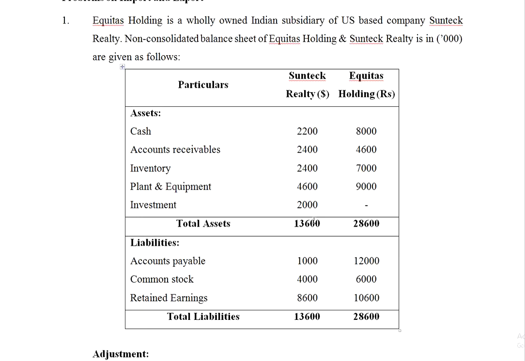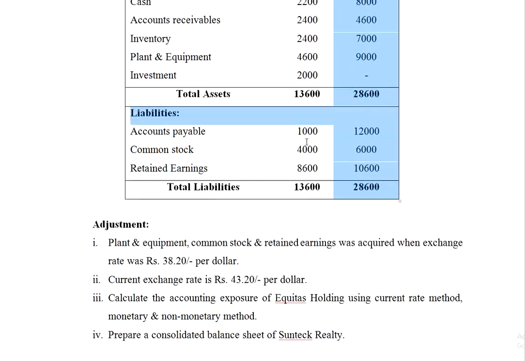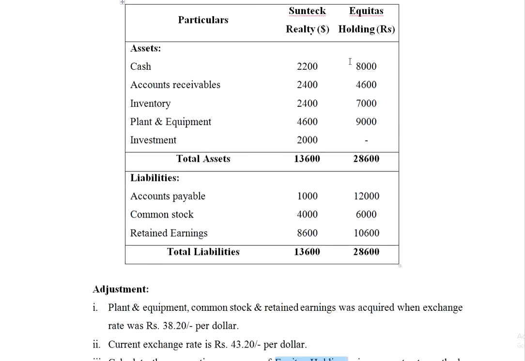So by using the same question, right, and there is no link between the consolidated balance sheet which we prepared earlier and this, now what you have to do is prepare only for this one, Equitas Holding. You can observe this, calculate accounting exposure of Equitas Holding, not Sunteck Realty, only Equitas Holding. So you have to use only Equitas Holding amounts and prepare the accounting exposure, and no need of using Sunteck Realty, right?